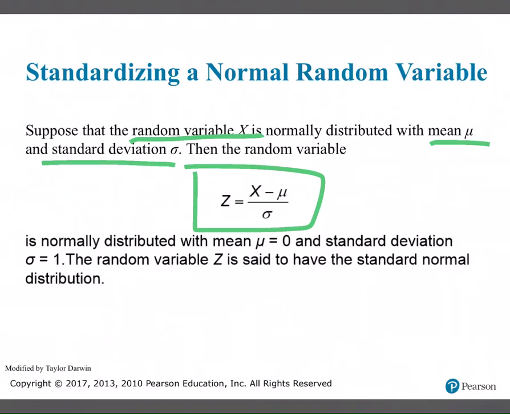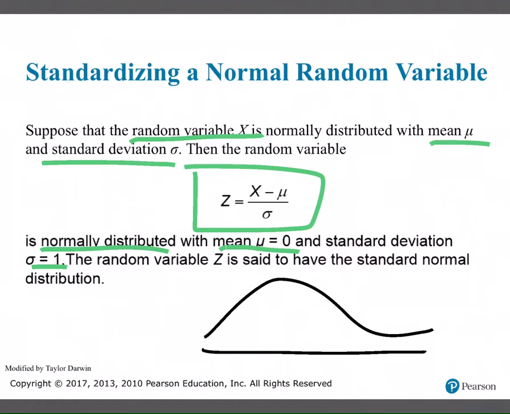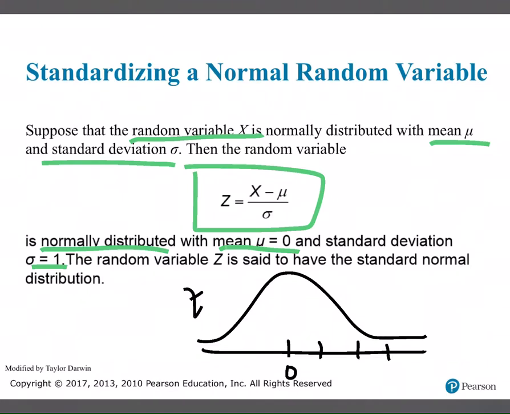If it is normally distributed, then the mean is 0 and the standard deviation is 1. A z distribution, oops, that's not very symmetric, but it's a little better. A z distribution, again, is said to have a mean of 0 and a standard deviation of 1.